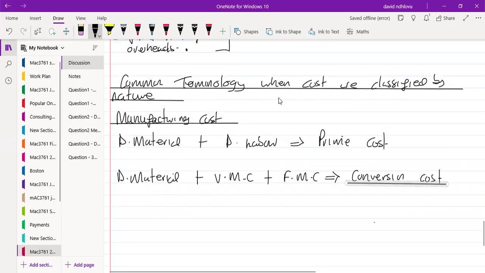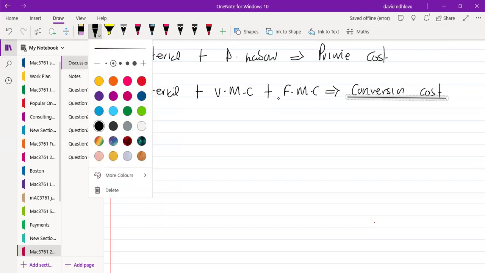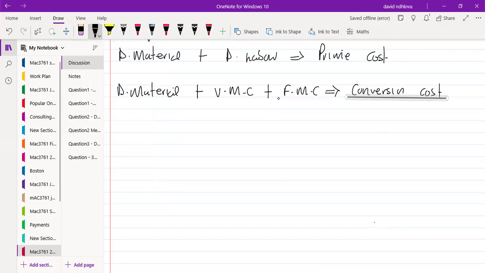Right. And then we also have another term, which is what we call a periodic cost. Right. When we talk about periodic costs, these are non-manufacturing costs.